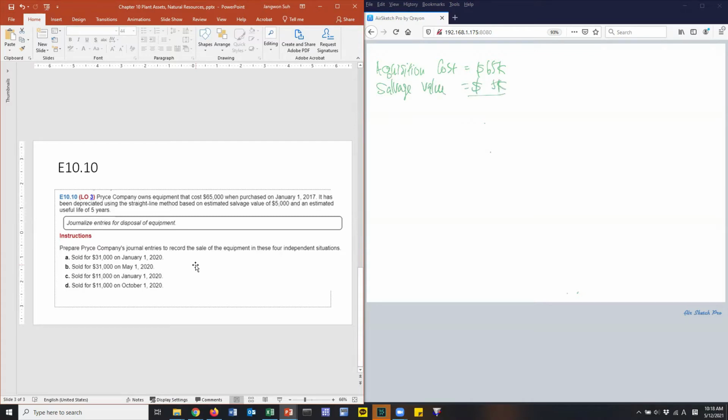Therefore, you should depreciate a total of $60K over 5 years. That gives you annual depreciation of $12K per year, which can be converted to 1K per month, right? On the straight line method.